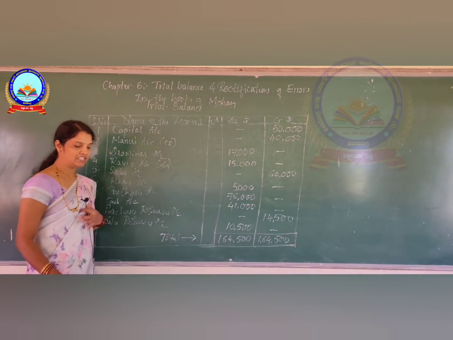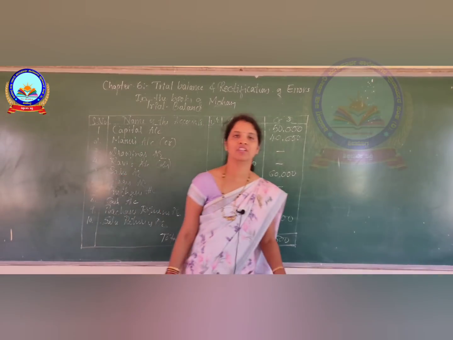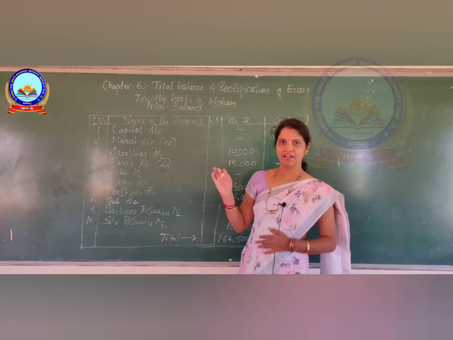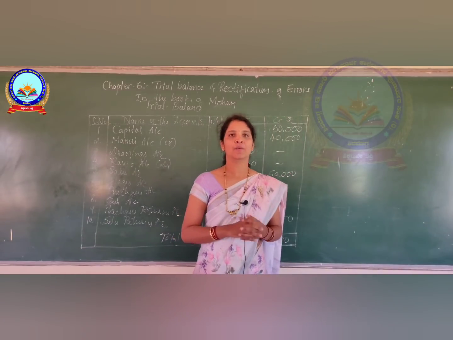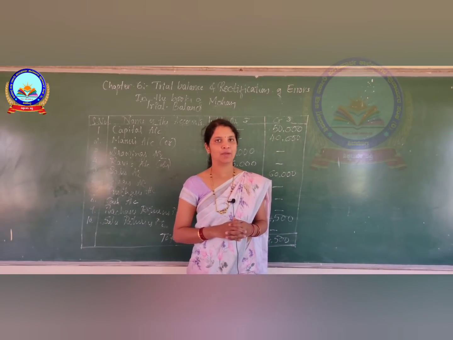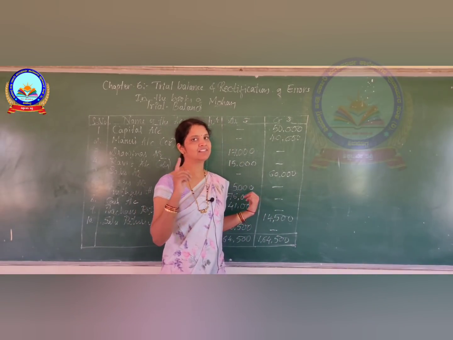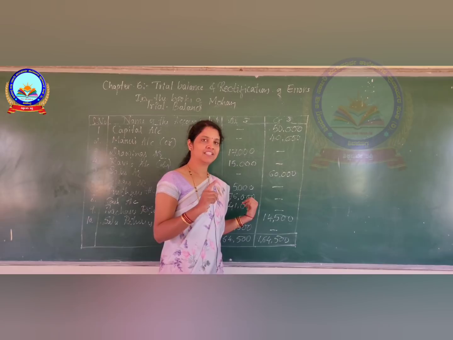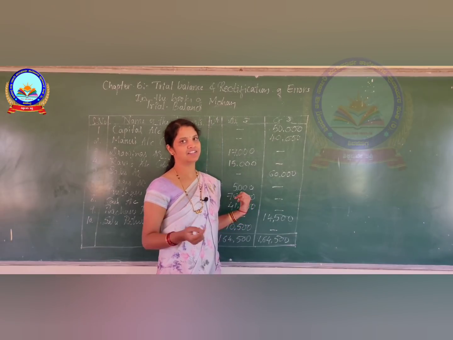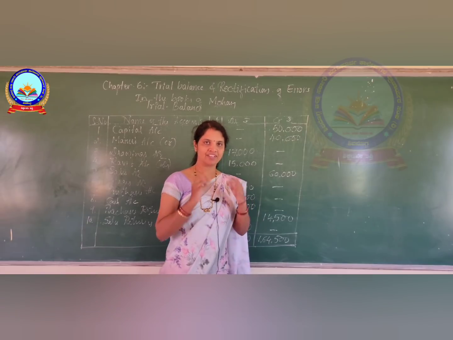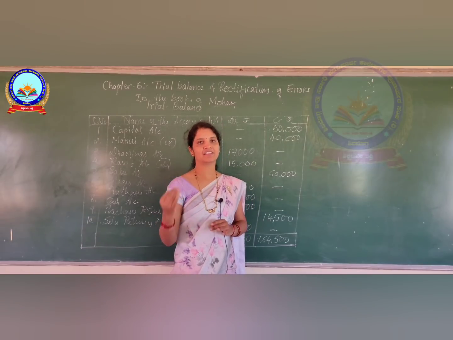So this is the preparation of trial balance for 6 marks. You have to keep in mind the accounts and their balances, that is, whether debit or credit balance. Purchases debit, sales credit. Purchases debit, purchase return credit. Sales credit, sales return debit. Debtors debit, creditors credit.